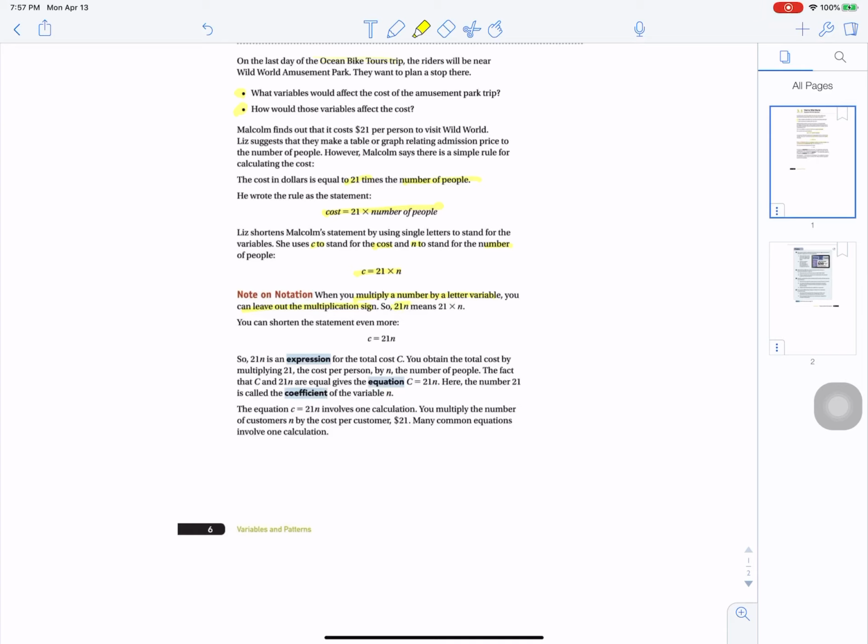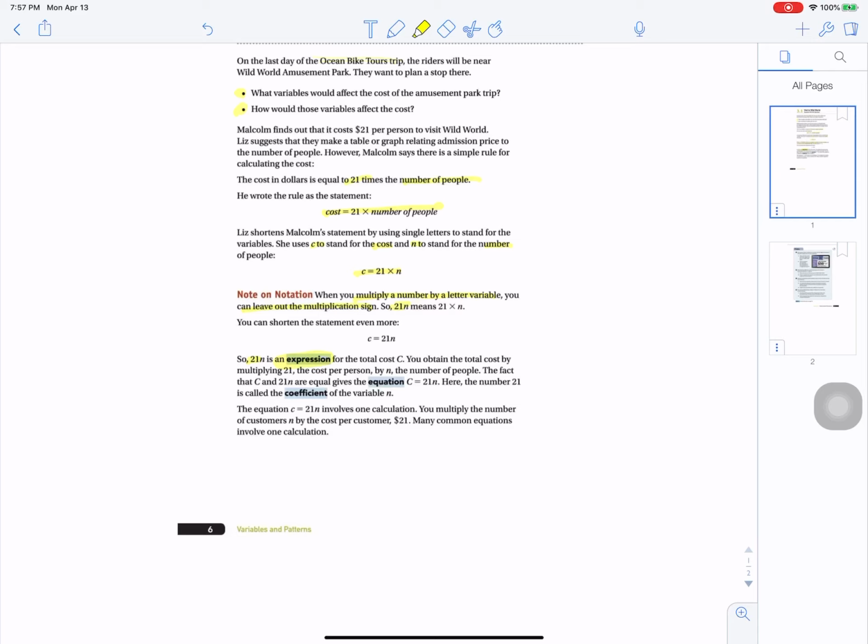And so this 21n is what we call an expression for total cost. Anytime we have variables in a number sentence, we have created an expression; when we have an equal sign, you obtain the total cost by multiplying 21, the cost per person, by n, the number of people.